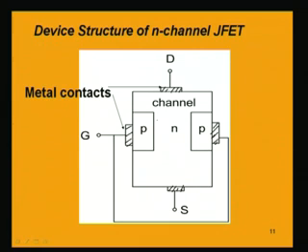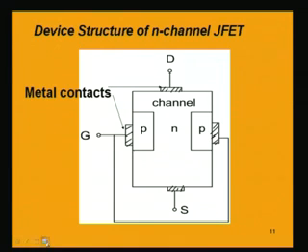So, if we now apply a positive voltage VDS, that is, the drain at a positive potential with respect to the source, and we do not apply any voltage between the gate and source.